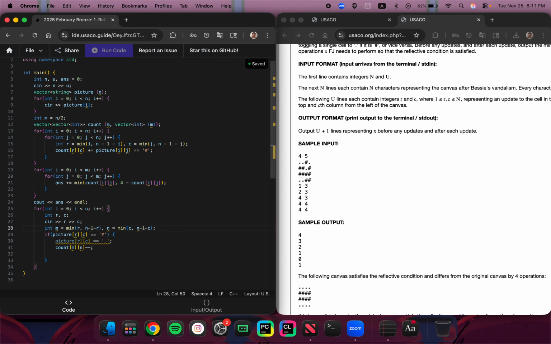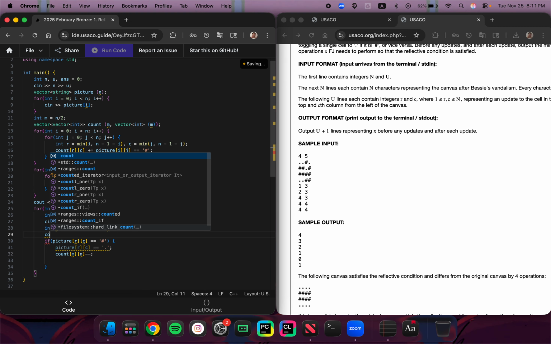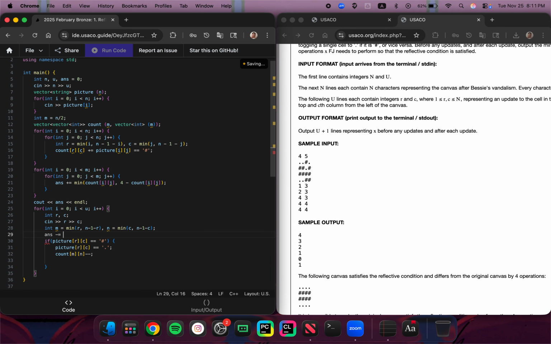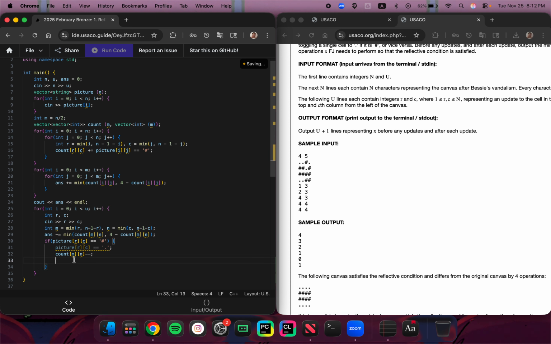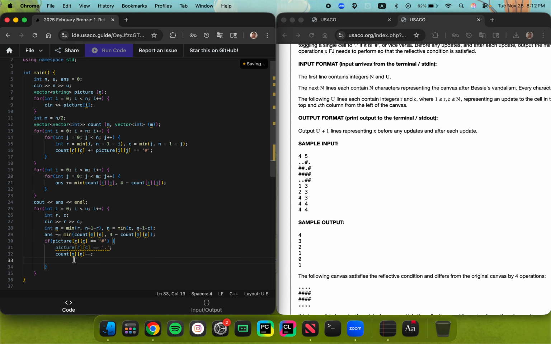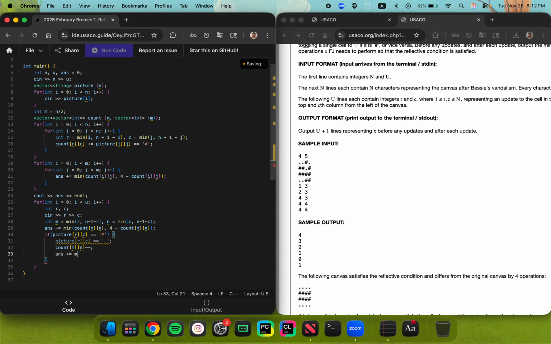Before each one we need to count, answer minus equals minimum of count and 4 minus count. We need to do this to reset it, and count m n minus, and then answer plus equals minimum of count and 4 minus count.